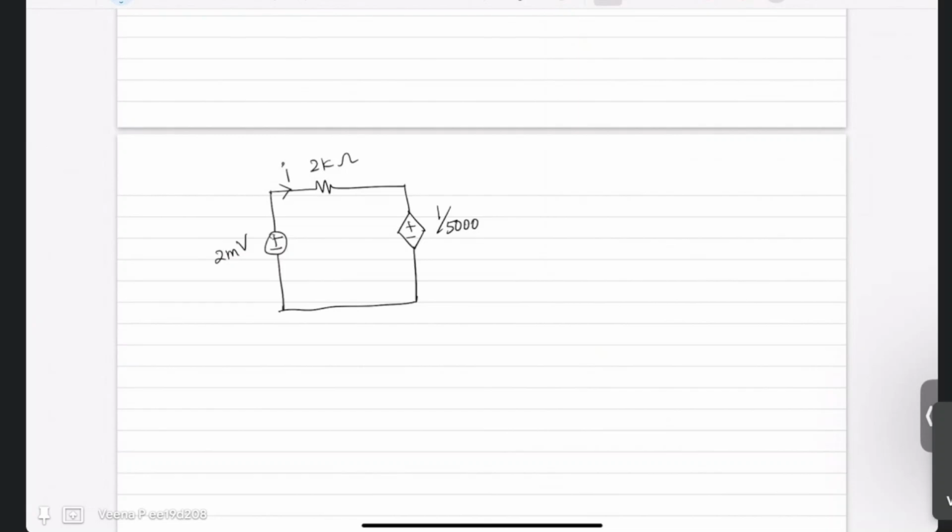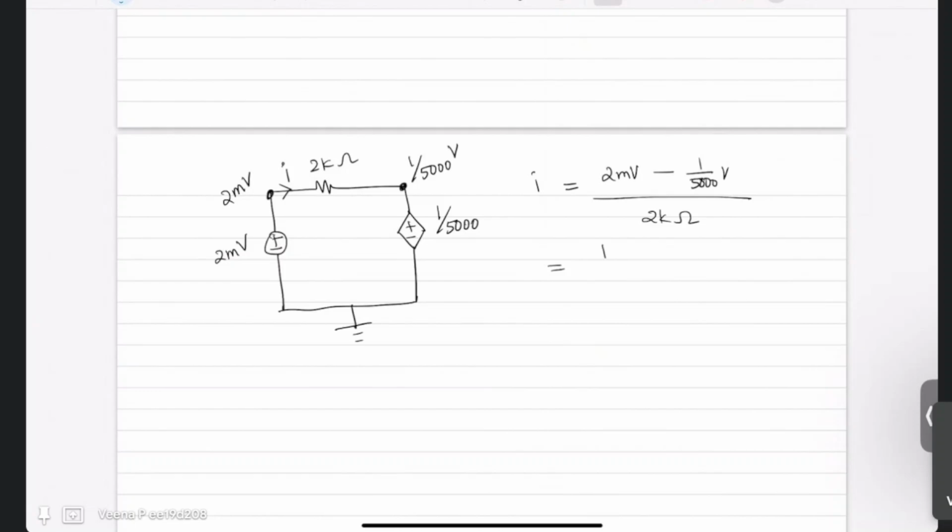So current always flows from higher potential to lower potential. So if you had grounded this terminal, then this node potential is 2 millivolt and this node potential is 1 by 5000 volts. So your I is the nodal potential difference, which is 2 millivolts minus 1 by 5000 volts, divided by the resistance between them, which is 2 kilo ohm, since current is potential difference by resistance.